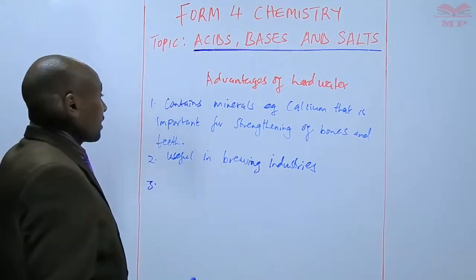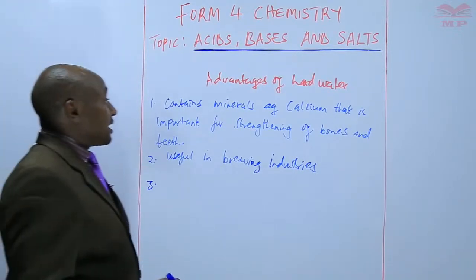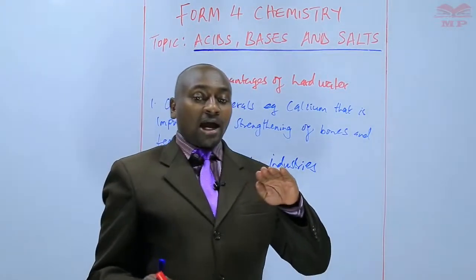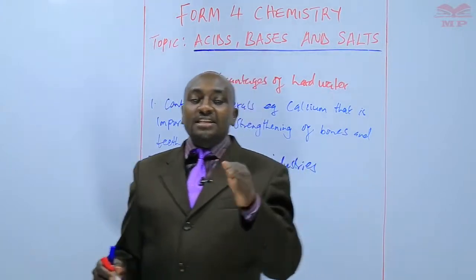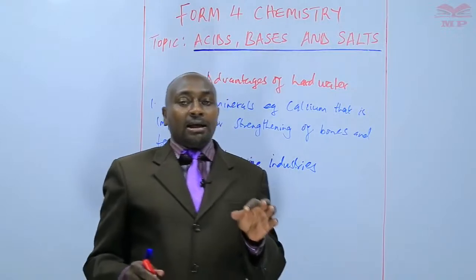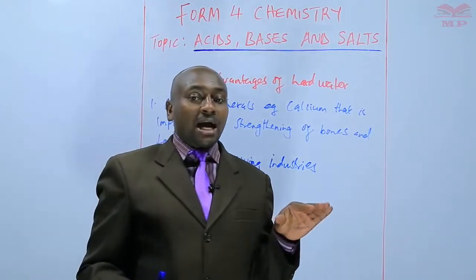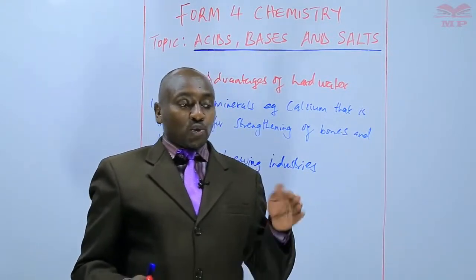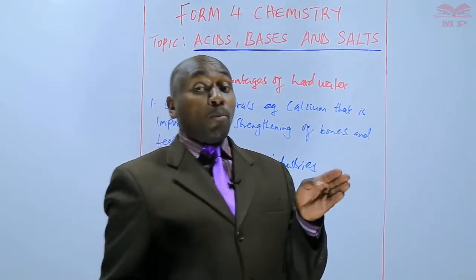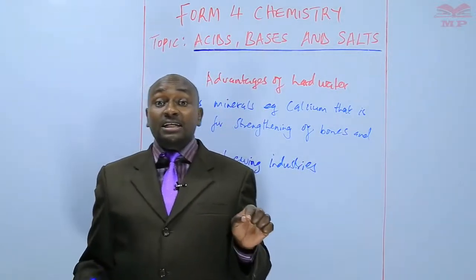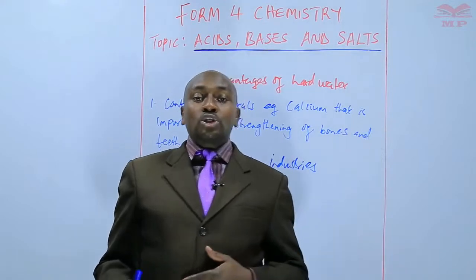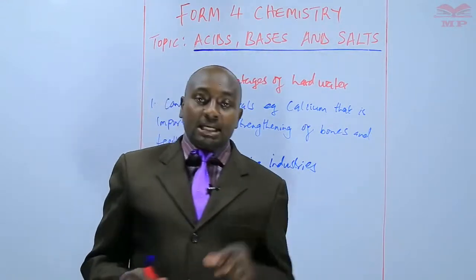Number 3, hard water forms a coating on the inside of the pipes that are carrying that water, especially those pipes that are made of lead. So on the inside, they become coated with calcium and magnesium compounds, thus preventing the water from coming into contact with the lead, which would cause lead poisoning.